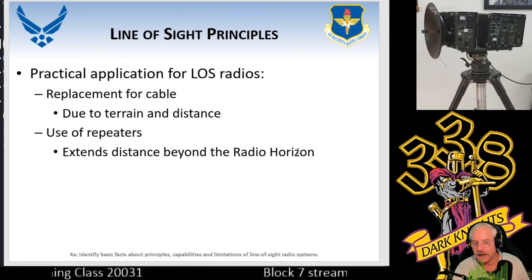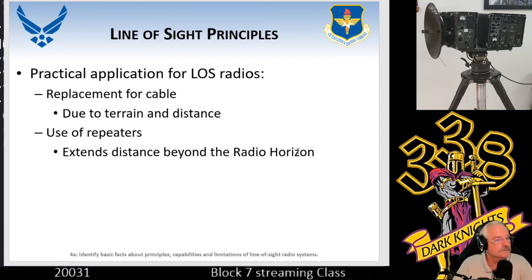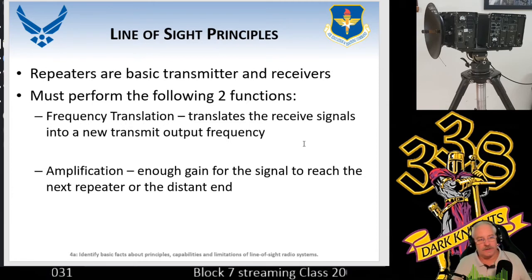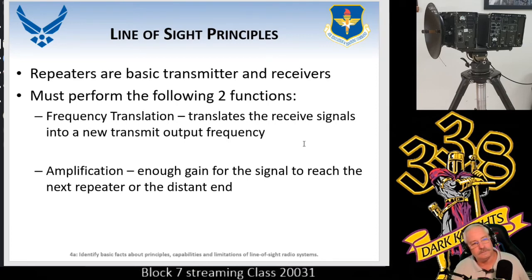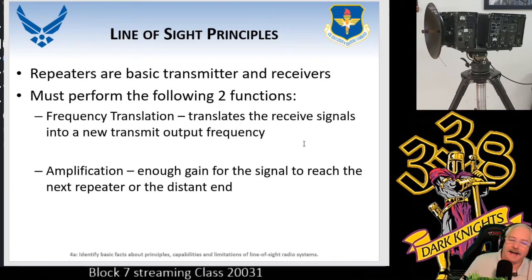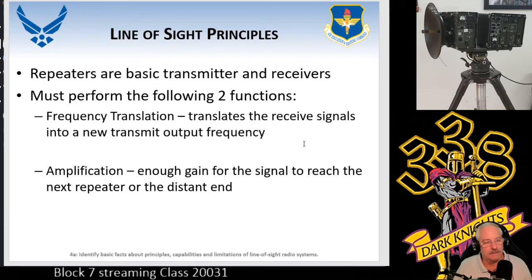And you guys had repeaters back in Block 5 for the LMR systems. Repeaters, we have 2 things that they must do. Transmit and receive, but the biggest things are frequency translation and amplification amongst those 2 items.